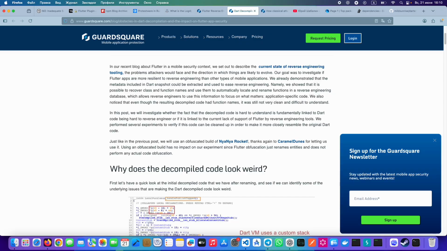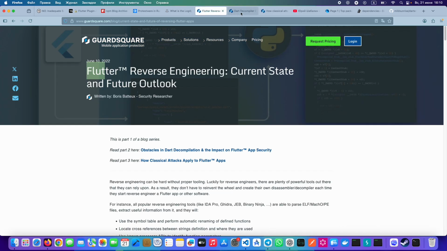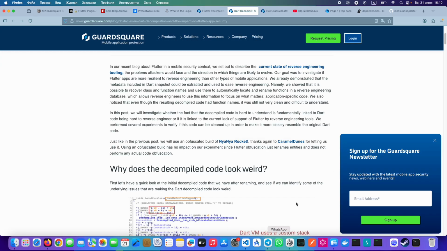This series talks about, for example, our previous Flutter reverse engineering article, which talked about how Flutter applications can be reversed or not.